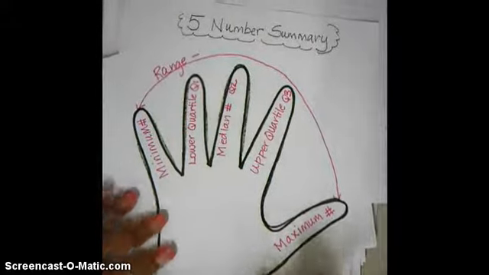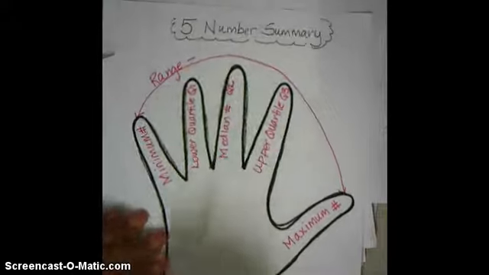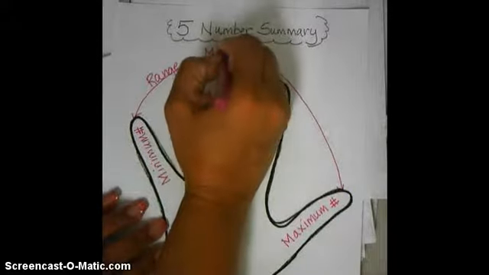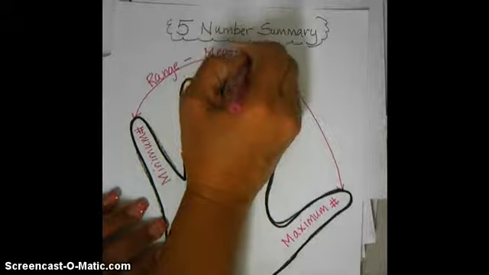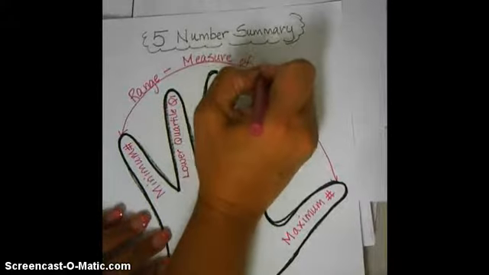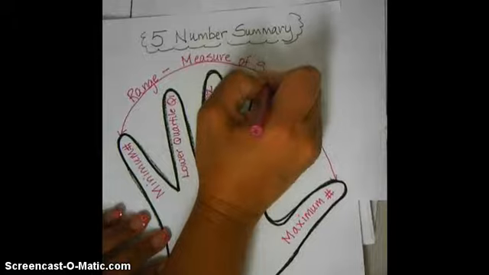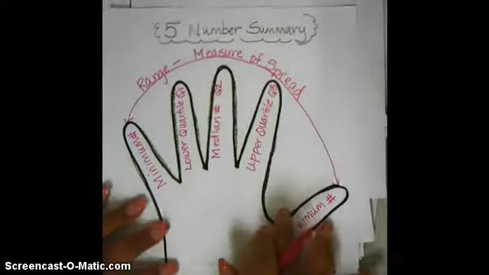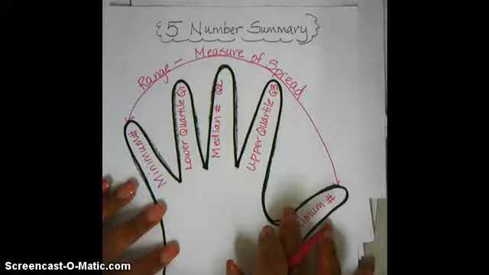Your range is also going to be known as the measure of spread. Measure of spread simply means that you are talking about the spread of data or range. And so if you see measure of spread on your test, just know that they're talking about the range.